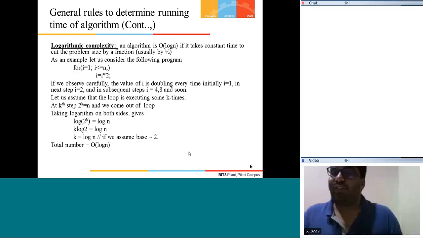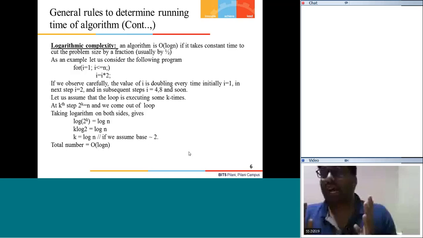Great. Now I have a question. If I'm at k, what will be the element n here? Anyone guess? If I'm at some step k, what will be my element? You might ask, sir, we have no idea what the input is, but input is n.